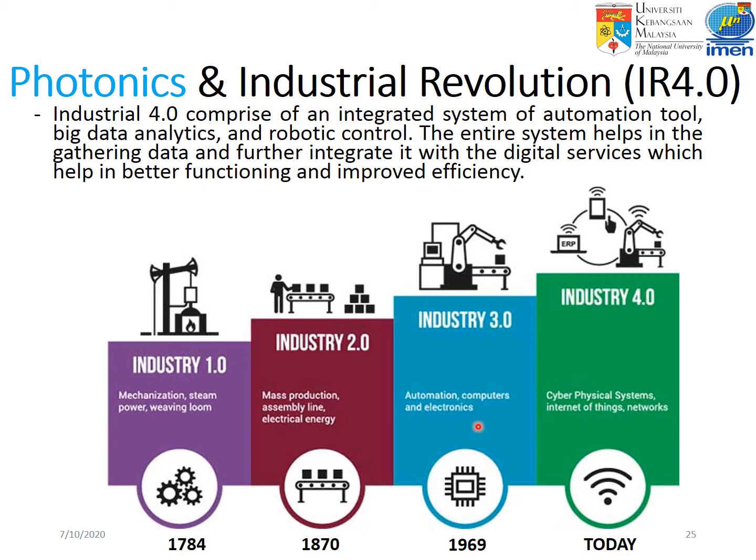And then today, we are in what we call Industry 4.0, which involves cyber physical systems, Internet of Things, networks, big data, artificial intelligence. So these are all keywords that you should know, because it is here to stay.